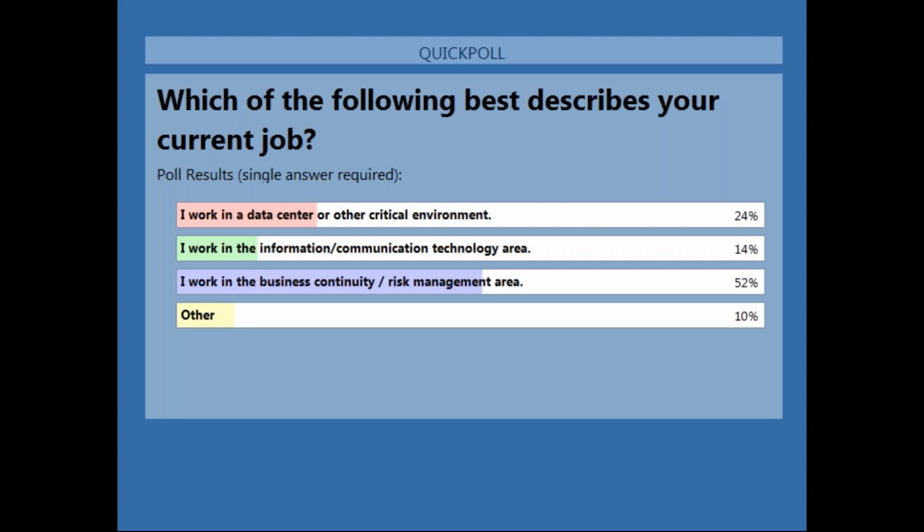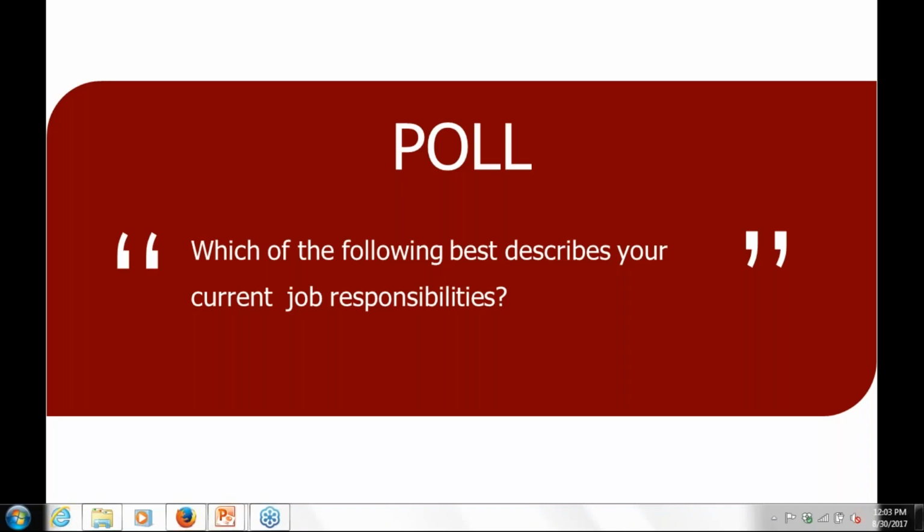Another, about a quarter, work in a critical environment in and around. And a smaller percentage are working in IT or technology. So thank you for sharing that. And we have some miscellaneous.